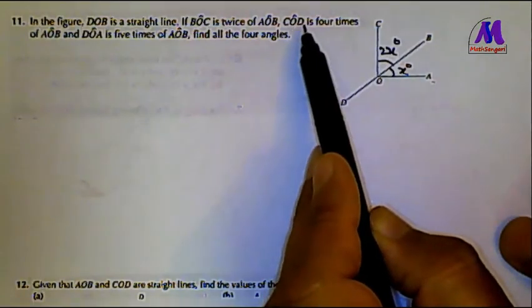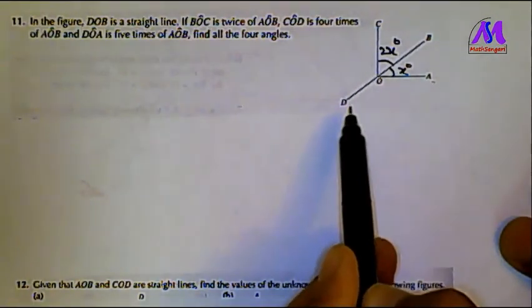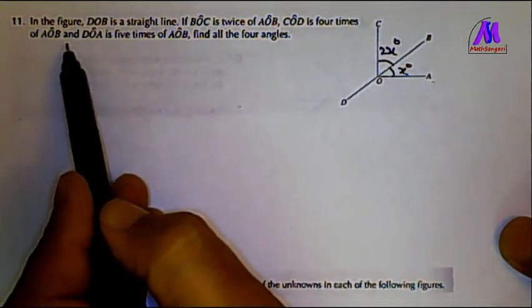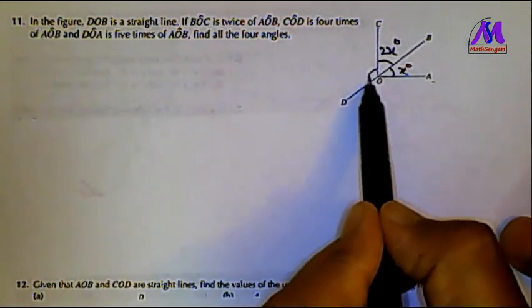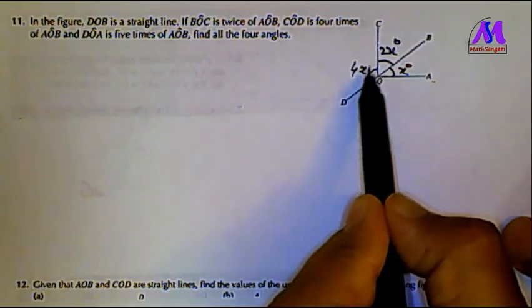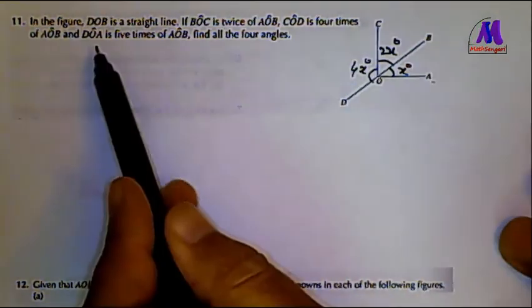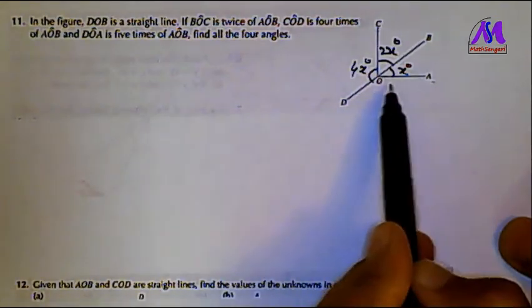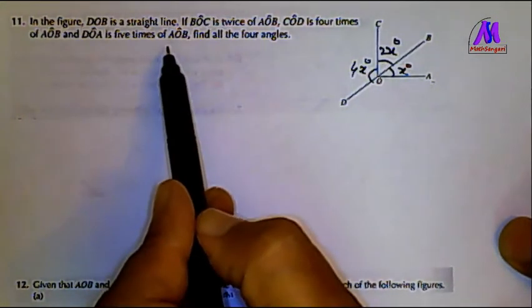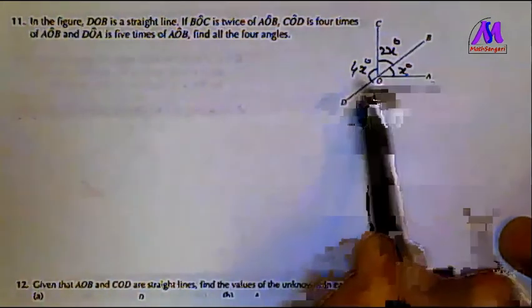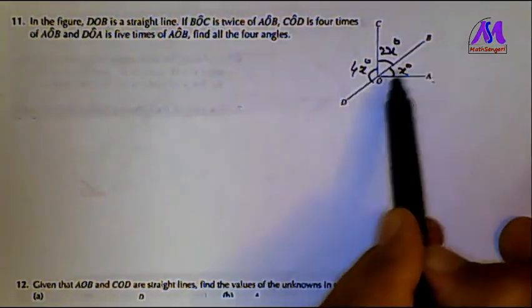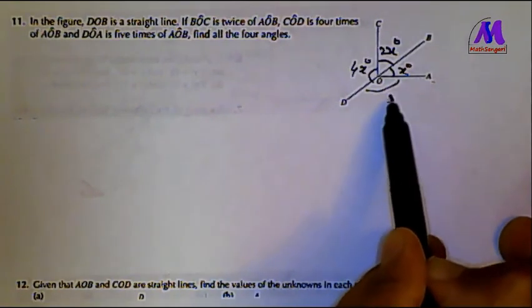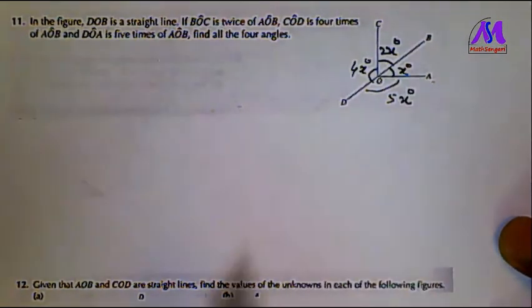Now angle COD is 4 times AOB, so it will be 4x degrees. Angle DOA is 5 times the angle AOB, so suppose it will be 5x.